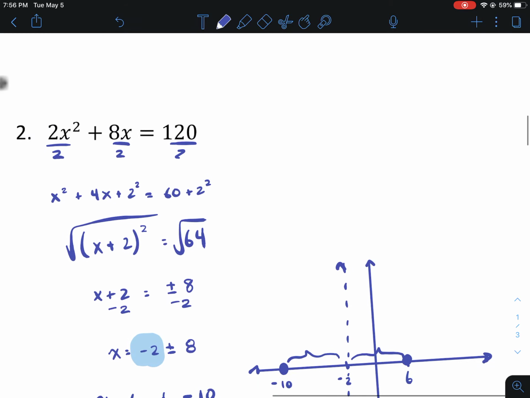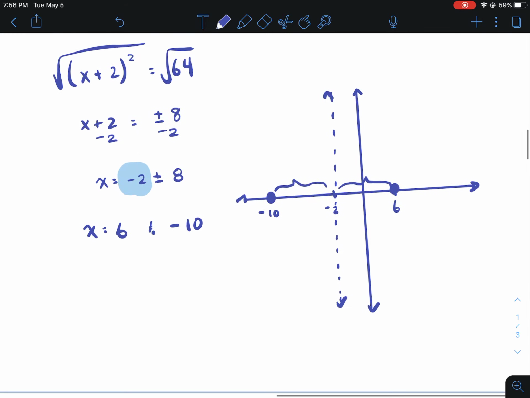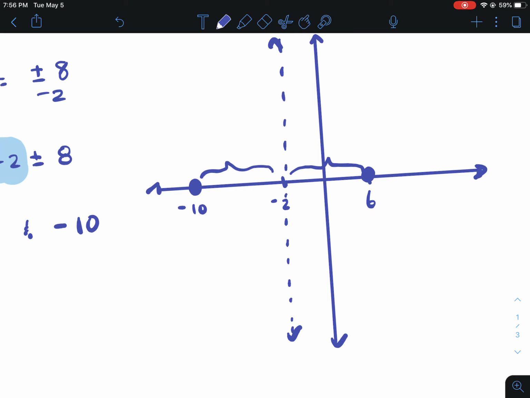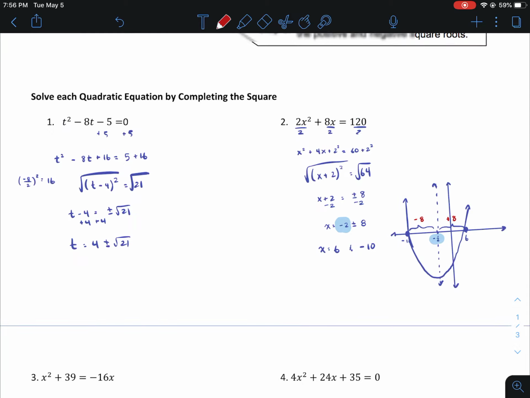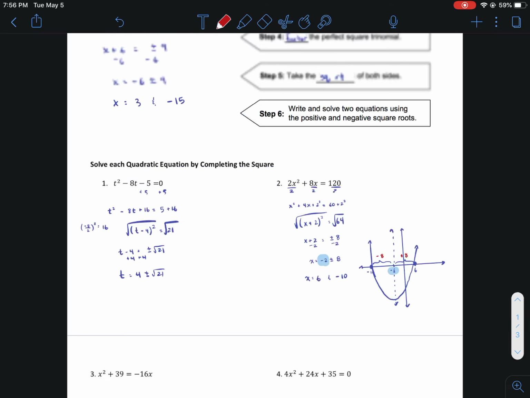If I just plug in negative 2, I can figure out where y is, right? I can also get a sketch here that my function looks probably something like this. So negative 2 plus or minus 8. Here we have the plus 8, the minus 8. Okay. I think it's important to see the picture, right?